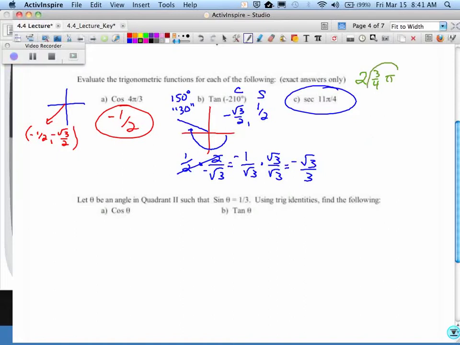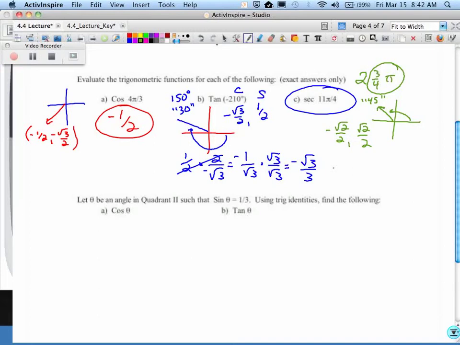So again, quote unquote, it's a 45-degree angle, right? 3/4 pi. So there, your ordered pair is root 2 over 2, root 2 over 2. Because I'm in the second quadrant, the first one has to be negative. What's secant go with? Cosine, the first one.